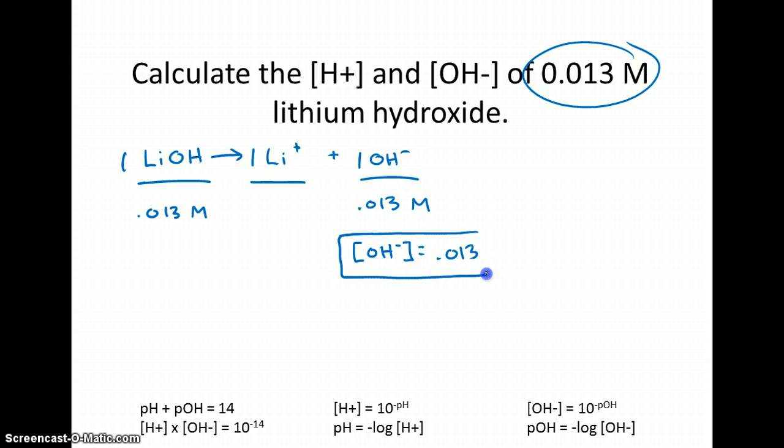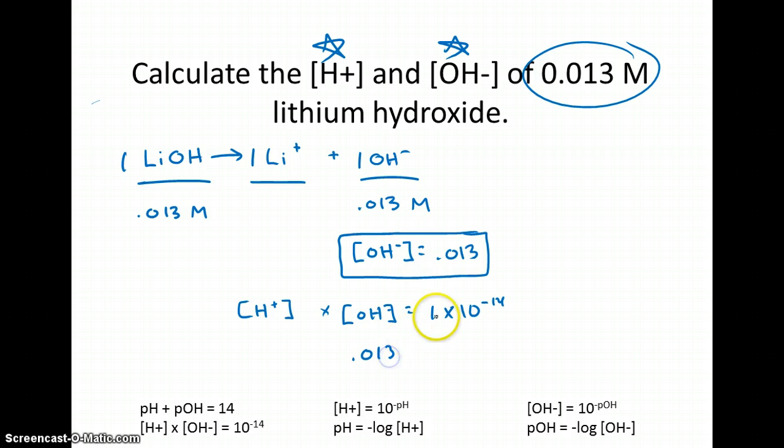There's my first answer, but I also want H plus. I just figured out OH minus, so I know that OH minus times H plus equals 1 times 10 to the negative 14th. If I sub in what I know, 0.013 is my OH minus concentration.